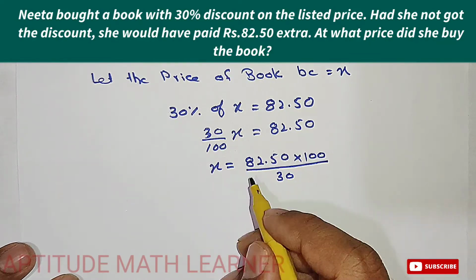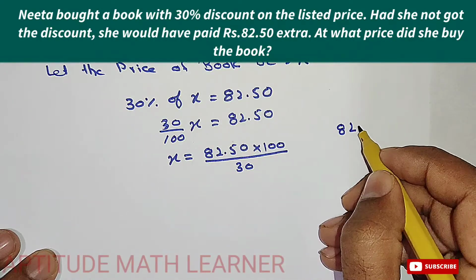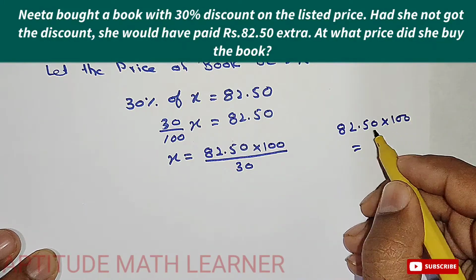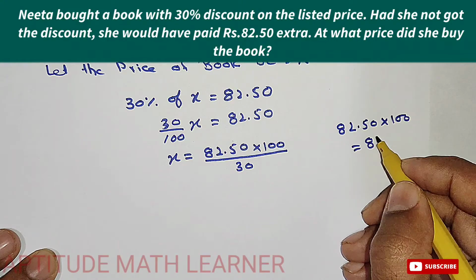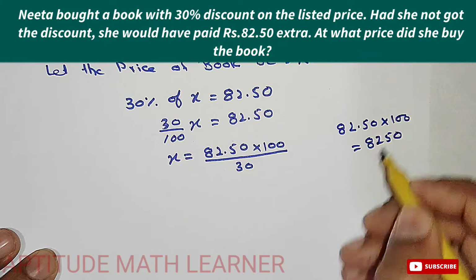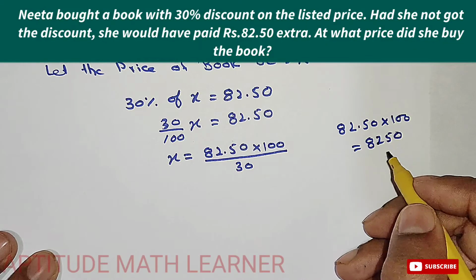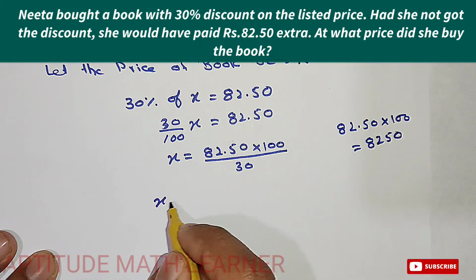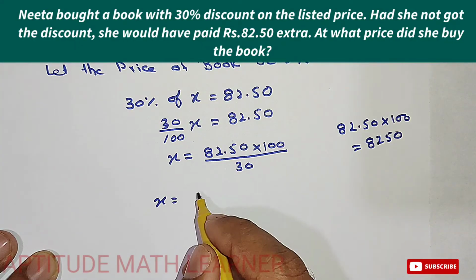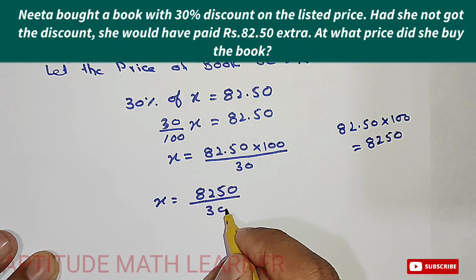So if we multiply 82.50 by 100, we get 8250. So X is equal to 8250 divided by 30.